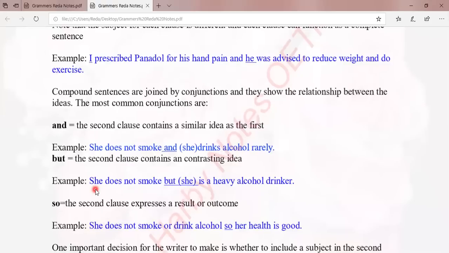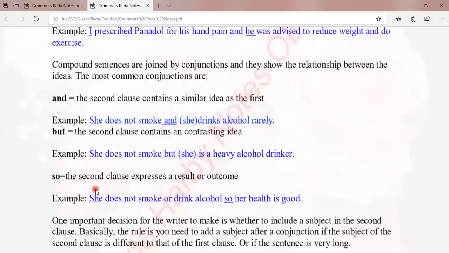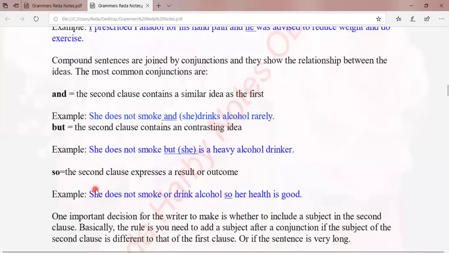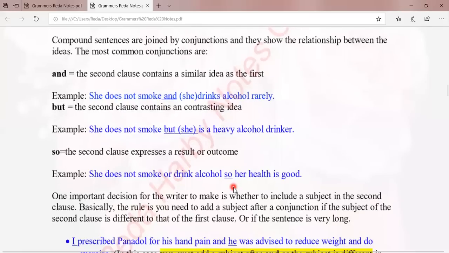She does not smoke, but she is a heavy alcohol drinker. A drinker and a smoker, maybe they are countable and they take an article. She does not smoke or drink. She does not smoke, infinitive, and drink alcohol, so her health is good. So you can use: she does not smoke or drink alcohol. This is a correct sentence.